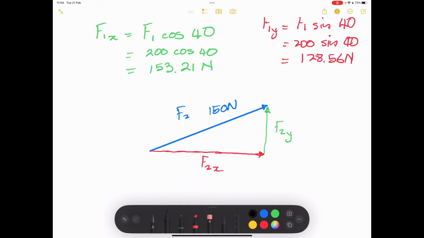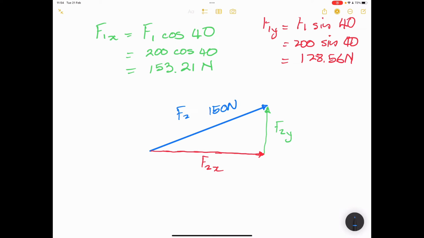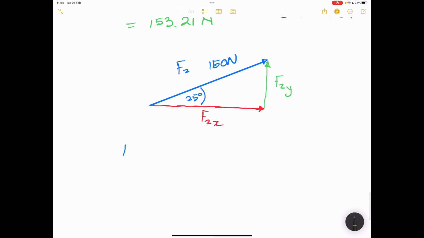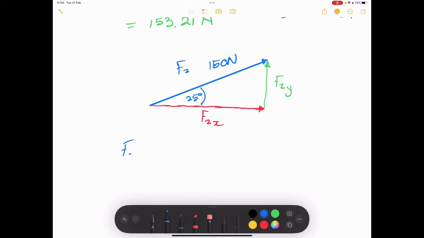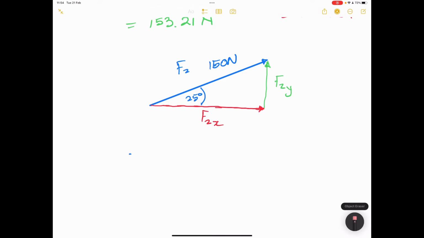All right, so now let's calculate our forces. We know it's elevated by 25 degrees, so if I want to find the horizontal dimension in red this time, for the horizontal dimension of F2, that's going to be F2 cos of 25 degrees.